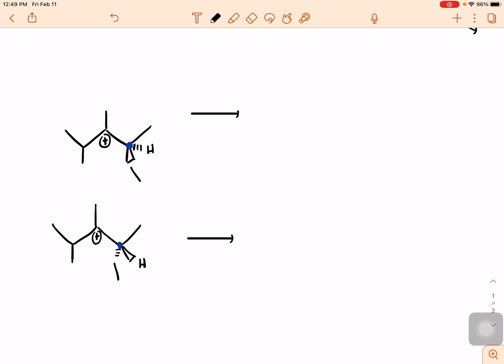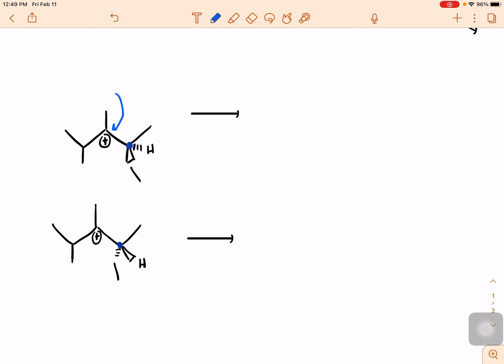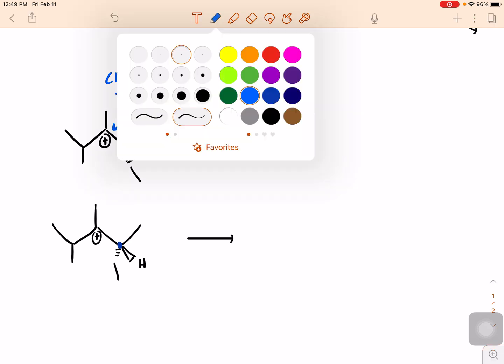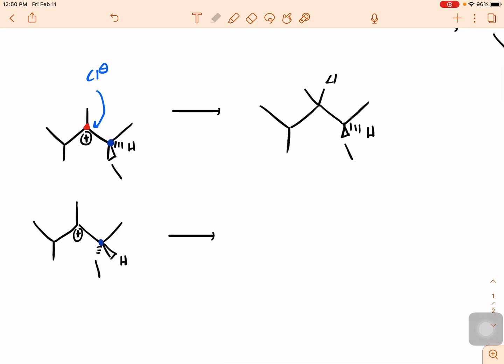But when we add our chlorine in here, I'm going to use a different color. When we add our chlorine into here, now this new happy carbon that has 4 bonds is going to be a stereocenter, because if I redraw it without showing wedges or dashes, here and then like this. So that means that now this carbon that used to be a carbocation will also be a stereocenter.